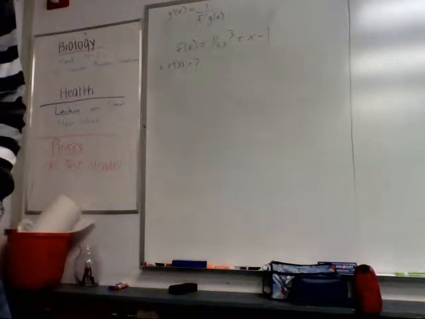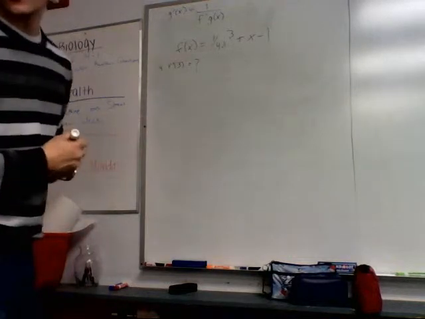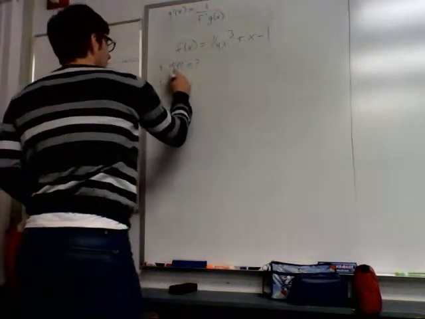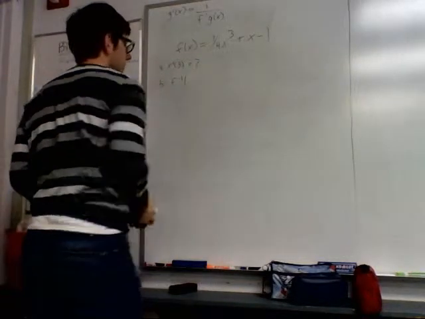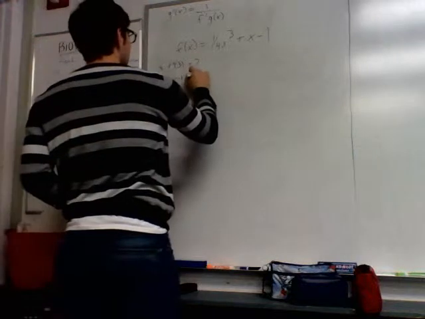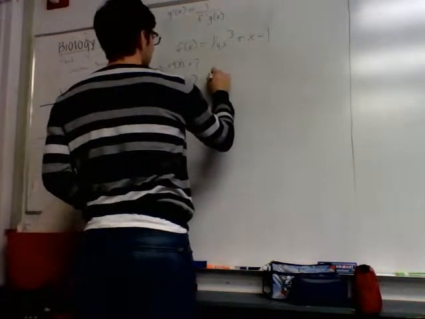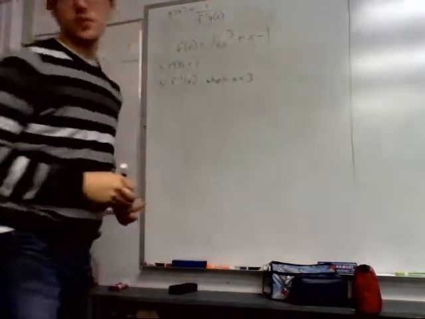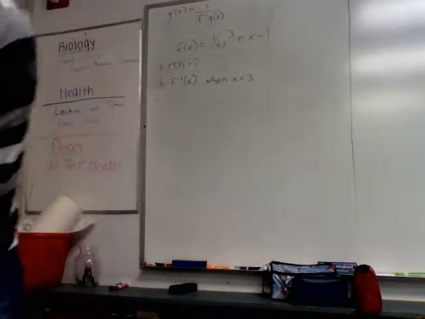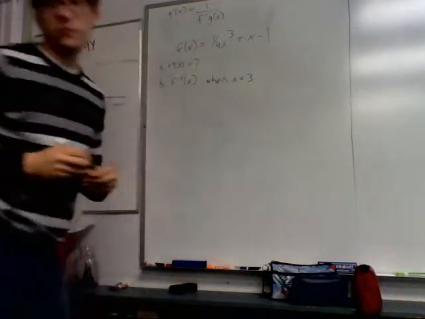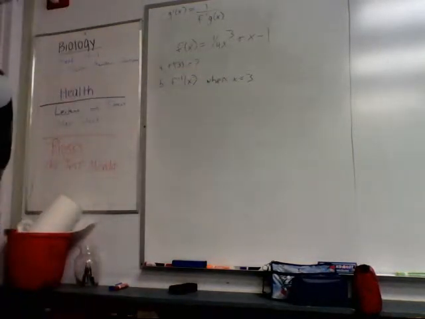Okay, so they also want to know what f inverse prime is when x equals 3. F inverse of x, yes sir. Okay, so the approach they take, f inverse prime, oh that's what I missed, f inverse prime, where that's the derivative, is equal to 3.